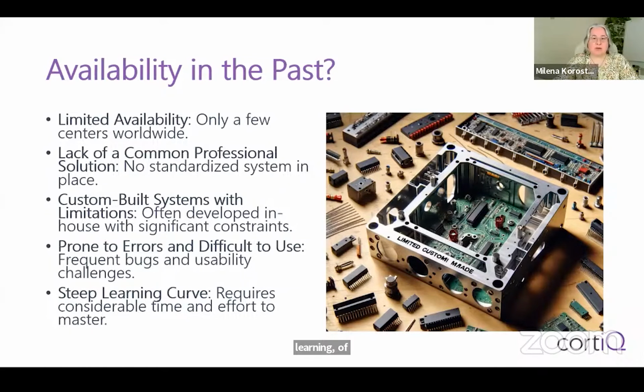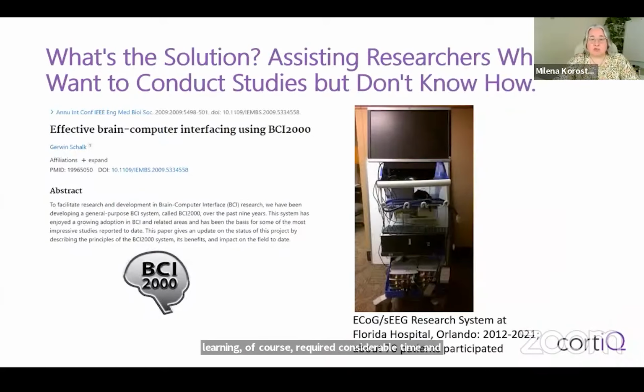They required considerable time and effort to master. So the solutions came. One solution, I would say, was first BCI2000 in terms of software possibilities for this type of research, which we used. Here you can see our system that we used at Florida Hospital for Children and then the adult program as well.